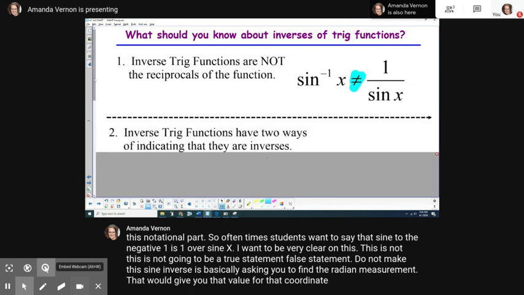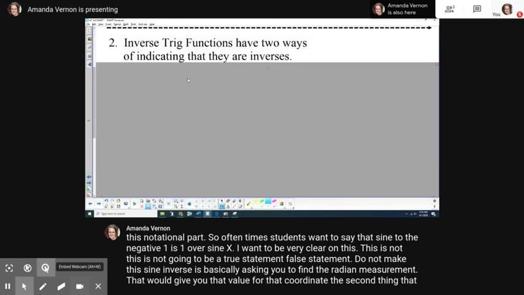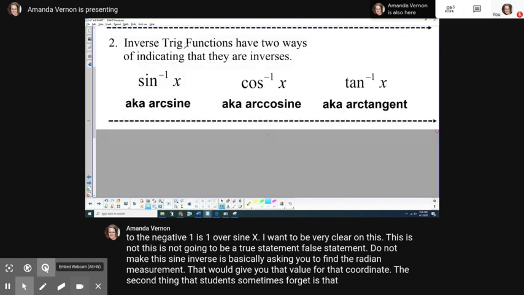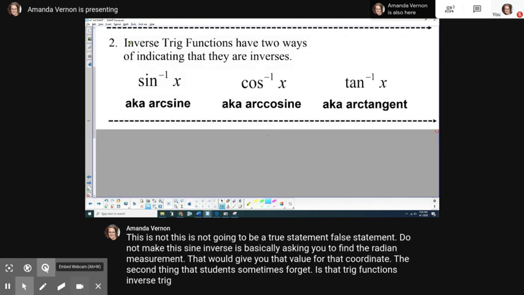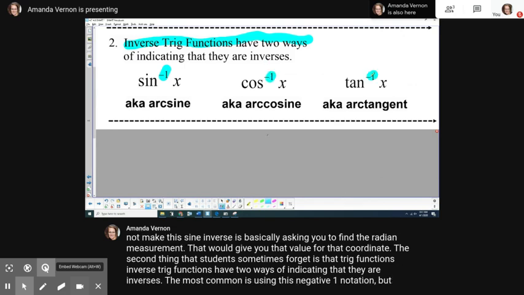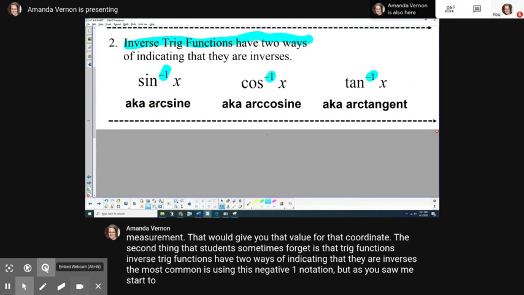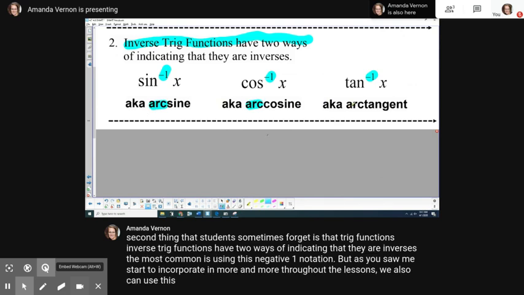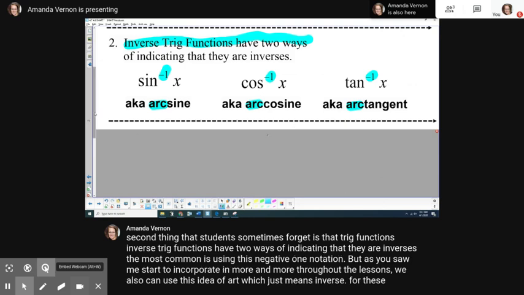The second thing that students sometimes forget is that trig functions, inverse trig functions, have two ways of indicating that they are inverses. The most common is using this -1 notation. But as you saw me start to incorporate more and more throughout the lessons, we also can use this idea of arc, which just means inverse, for these trig functions.